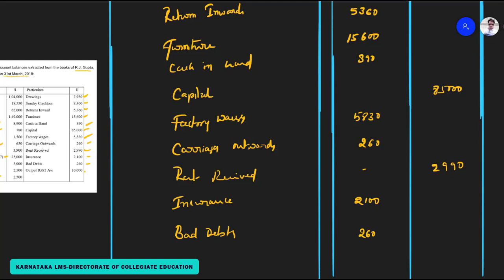And lastly, output IGST account. Output IGST account is like a credit item, so on the credit side, 10,000. That's it. So we have successfully posted all the entries into the trial balance.